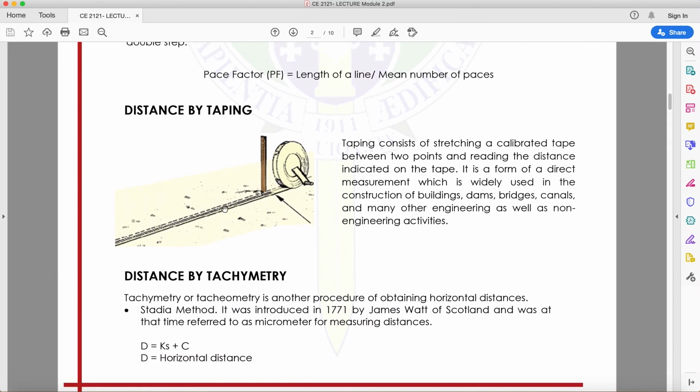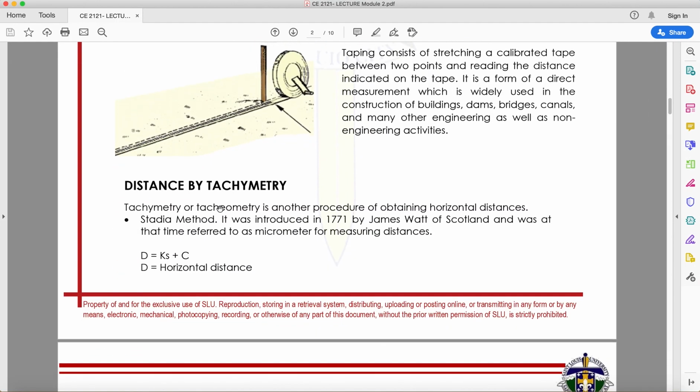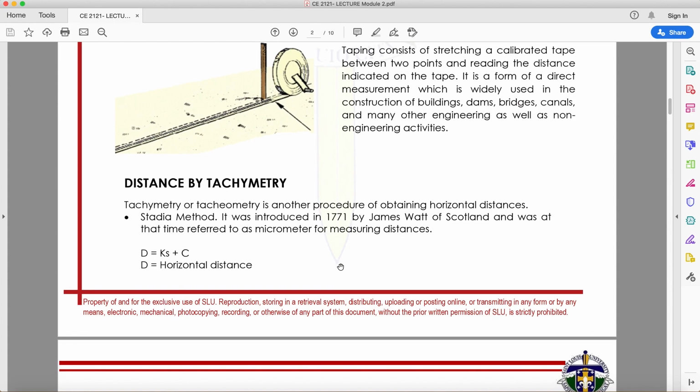Next is distance by tachymetry. Tachymetry is another procedure of obtaining horizontal distances. You have the stadia method. It was introduced in 1771 by James Watt of Scotland and was at that time referred to as a micrometer for measuring distances.